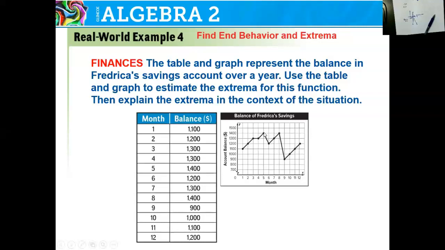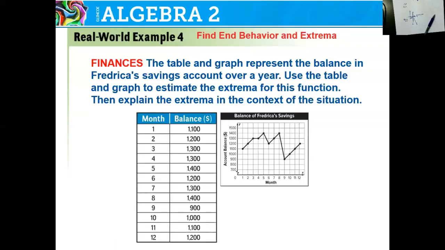Okay, so this point right here at 5, 1400 would be called a relative maximum because it is higher than the values that are surrounding it. Okay, they're easy to see on the graph, but we prove it using the table. So I see a relative maximum at 5, 1400.